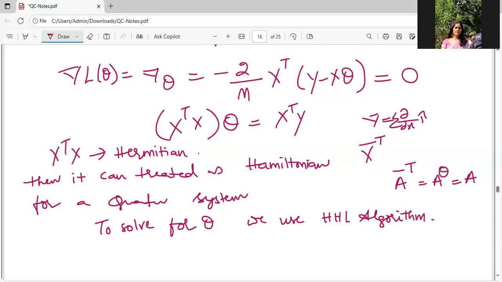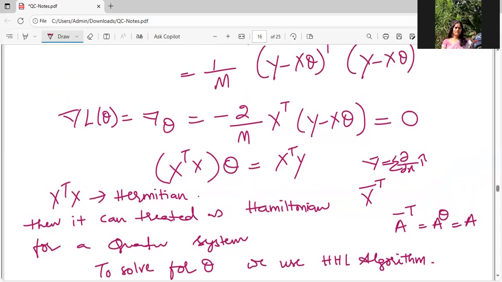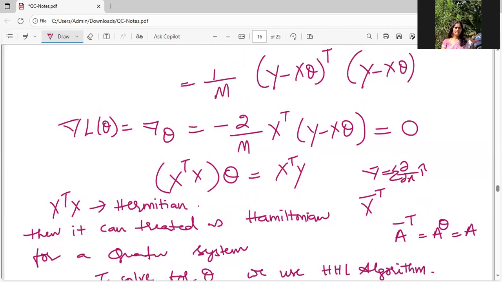Otherwise, I can just put in a gist. First I started with linear regression only. Then at the end, after doing certain things, I made the concept slowly relatable to the complex plane. And when I talk about Hermitian things, then it means I'm in complex, and then I can talk about a quantum system. Once I'm in a quantum system, things related to quantum systems can be applied.